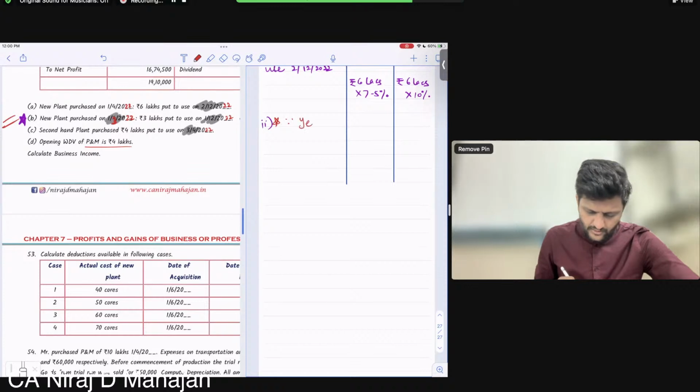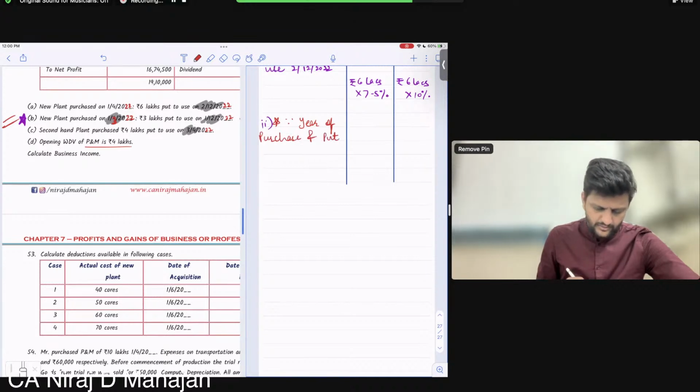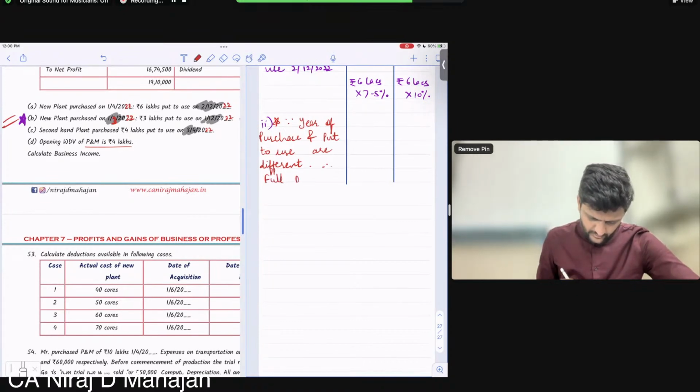So, since year of purchase and put to use are different, therefore full depreciation. Fine till here?